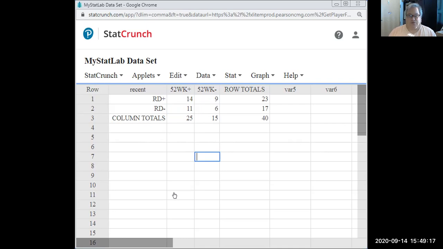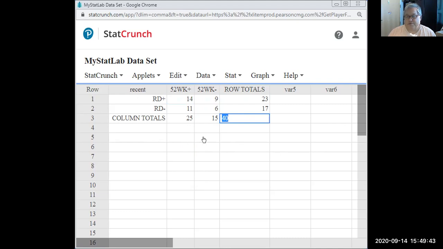Now on to use StatCrunch in order to derive all possible row percentages, column percentages, and total percentages. Procedurally, the arithmetic of a row percentage involves taking any one of these 4 contingency counts and dividing them by their proper row total, be it 23, 17, or 40.